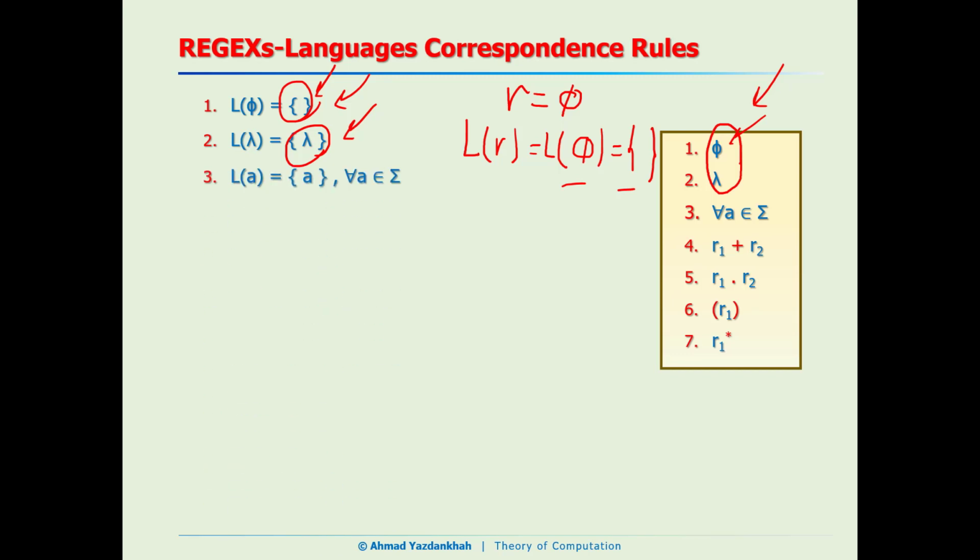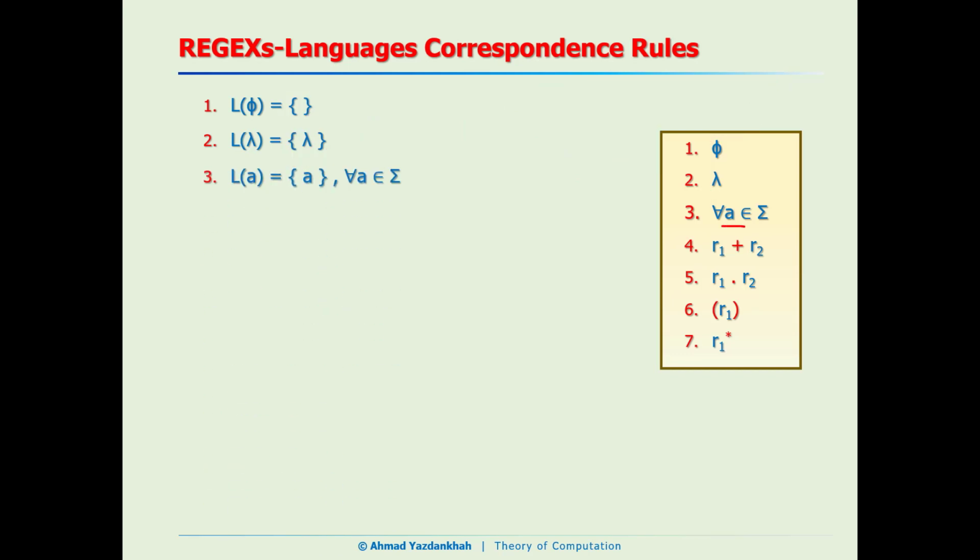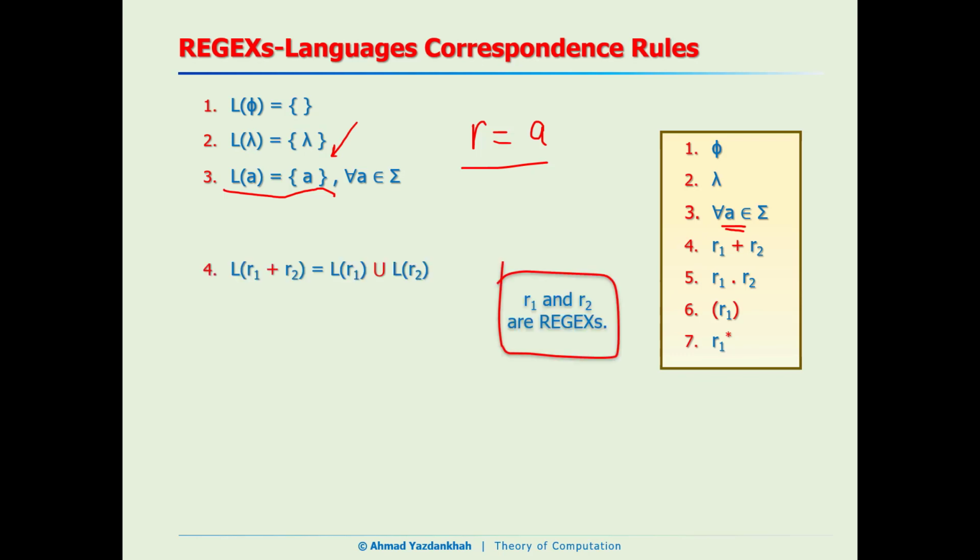The third one is if we have only one symbol, let's say R equal to A, then how can we calculate what language it is? This way, and we had this as an example. What else? If we have the expression R1 plus R2, then L of this is equivalent to L of the first one union L of the second one.